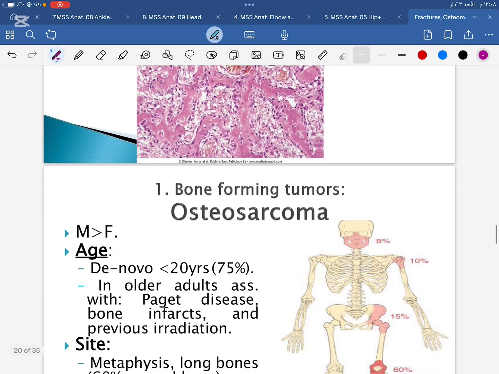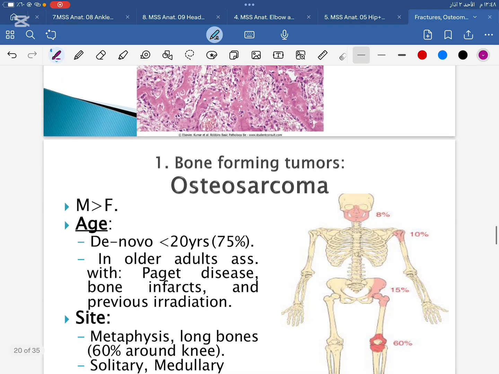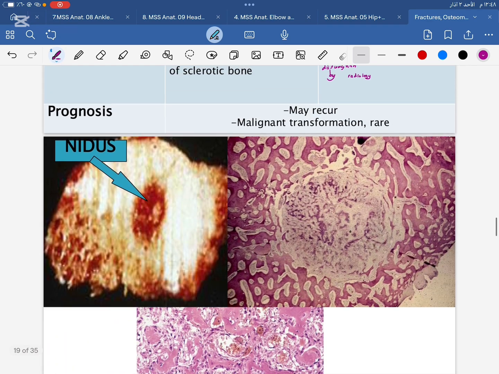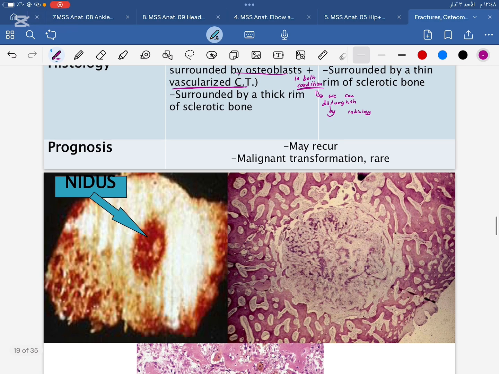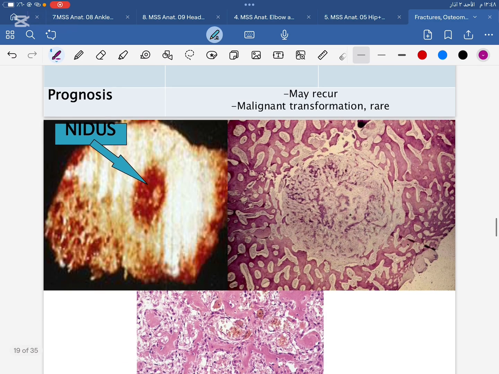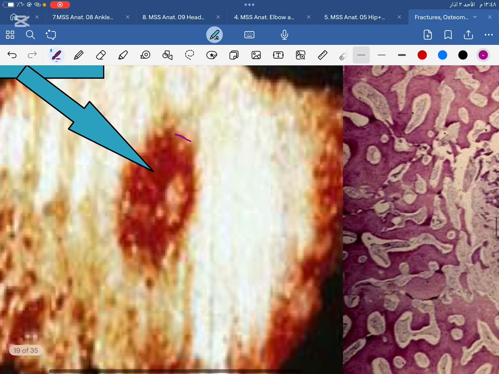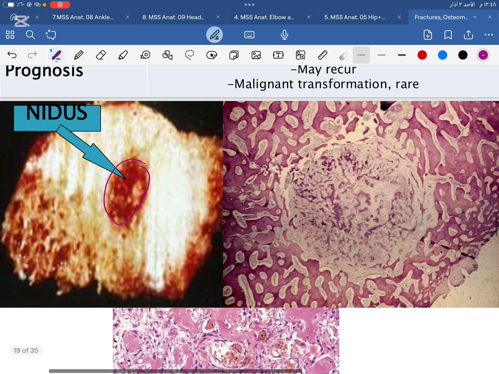Under the microscope, we see a sclerotic bone rim, thick in osteoid osteoma, sorry, and thin in osteoblastoma. And in the center we have irregular trabeculae of woven bone lined by osteoblasts and vascularized connective tissue in between. Okay?